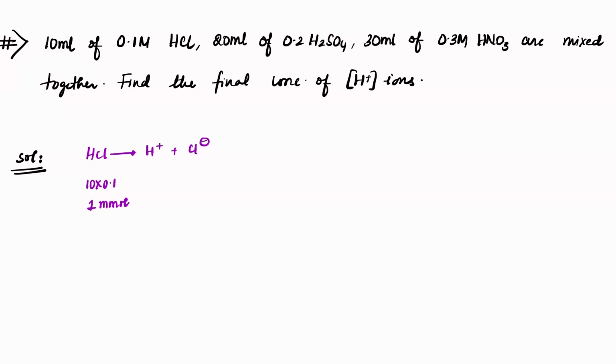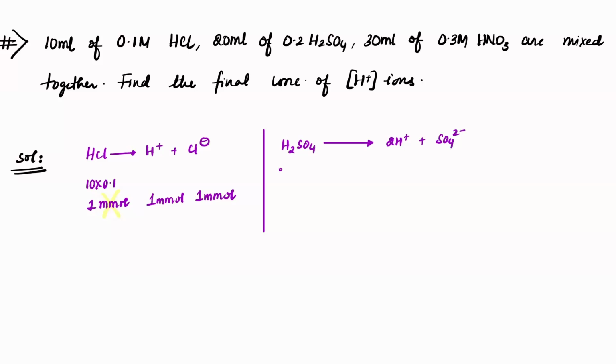That 1 millimole will get completely ionized into the formation of 1 millimole of H plus and 1 millimole of Cl minus. Similarly, if you have H2SO4, I can say we will have 2 H plus and SO4 2 minus.